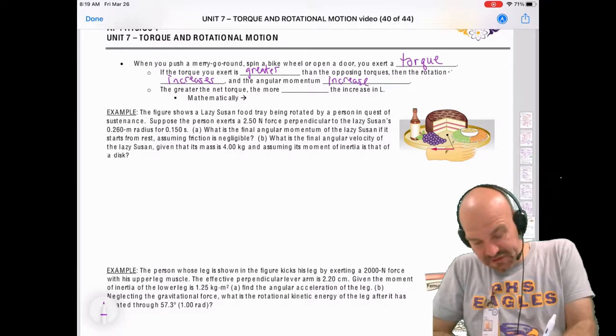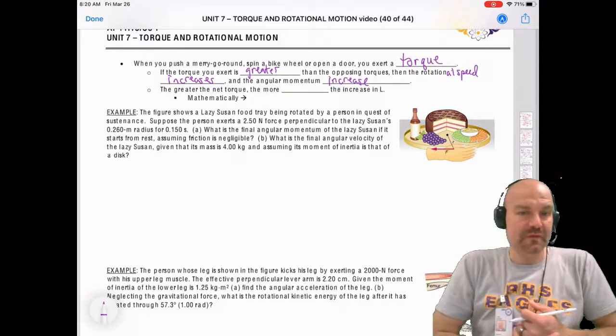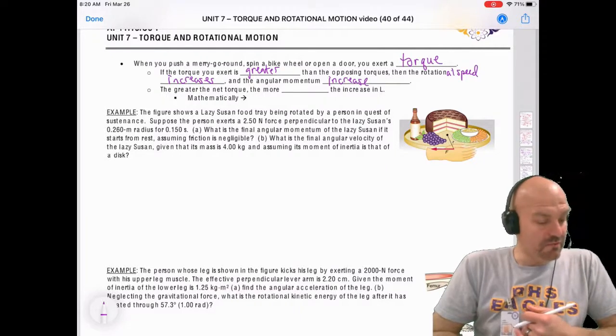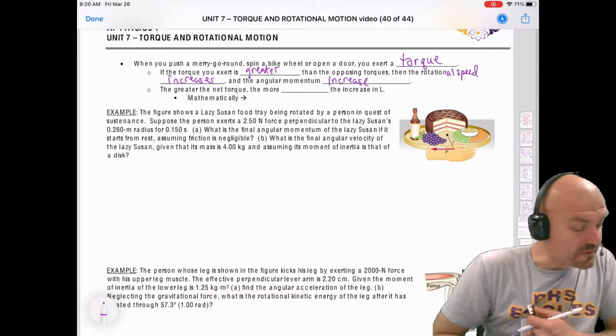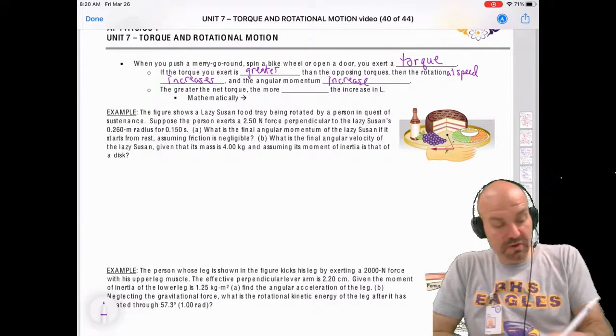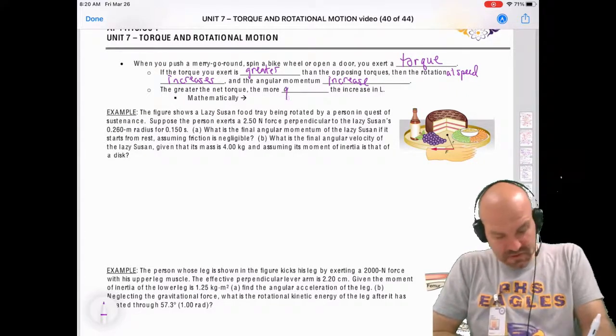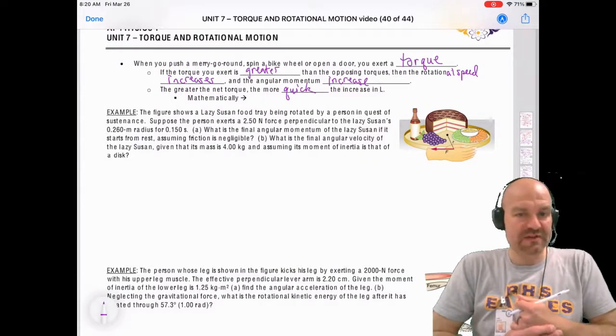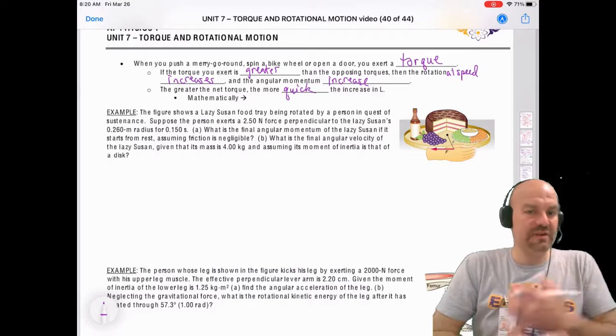So the greater the net torque, the quicker the increase in L, or the greater the increase is.